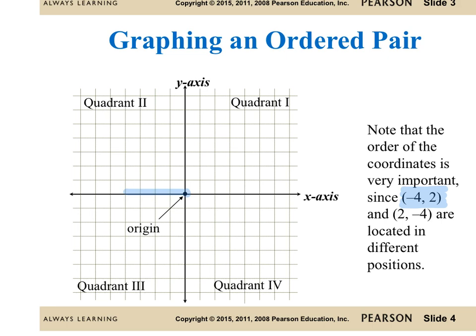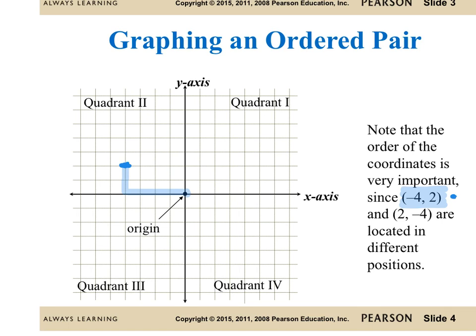And then the 2 is positive, so we're going to move up 1, 2. And that's going to give us the point (-4, 2).